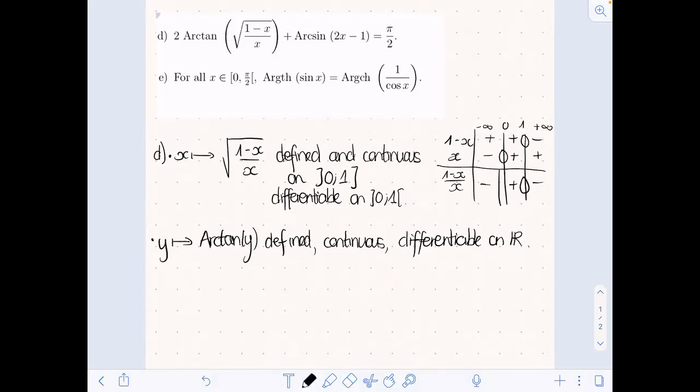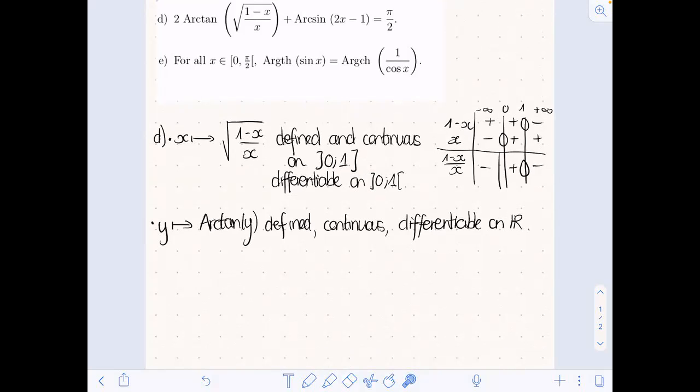On 0, 1, 1 excluded, and 0. Yeah, exactly. So differentiable on 0, 1 with 0 and 1 excluded, and defined and continuous on 0, 1, but you can include the 1.